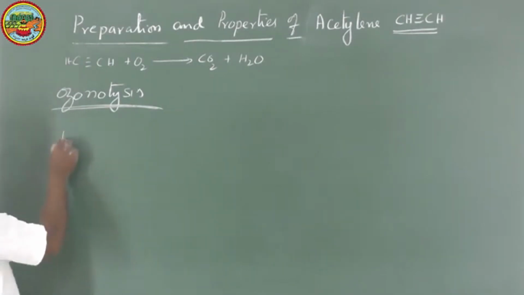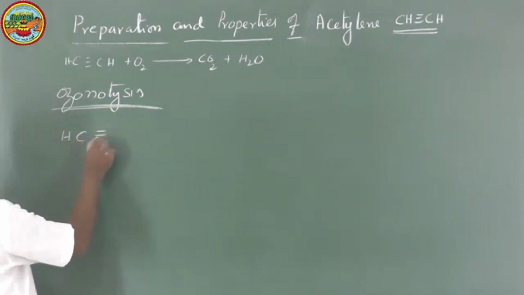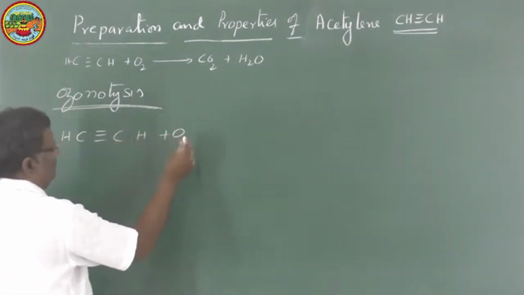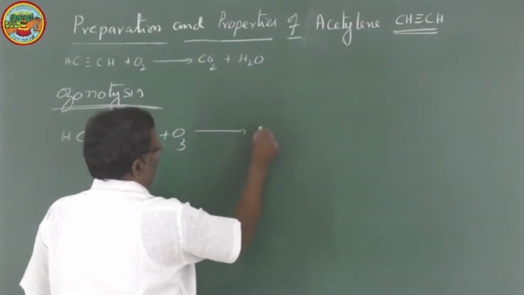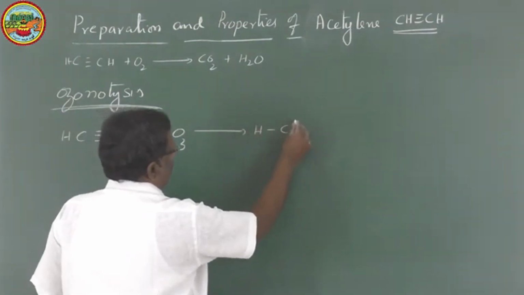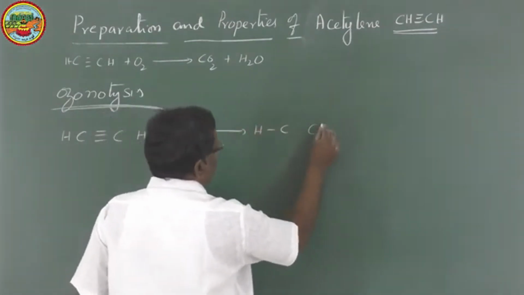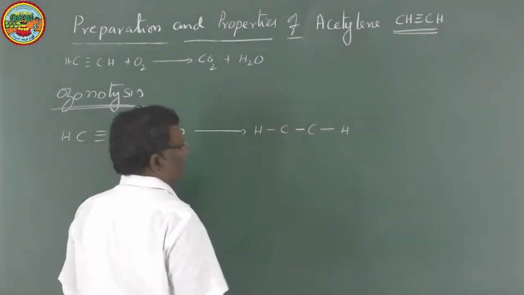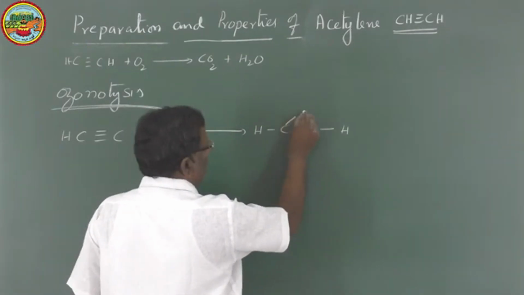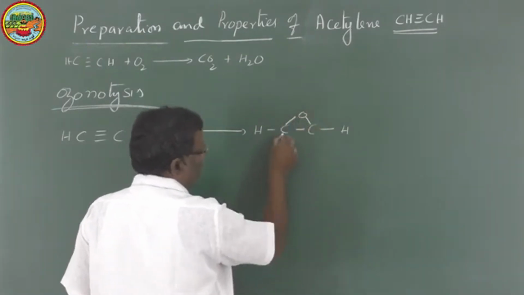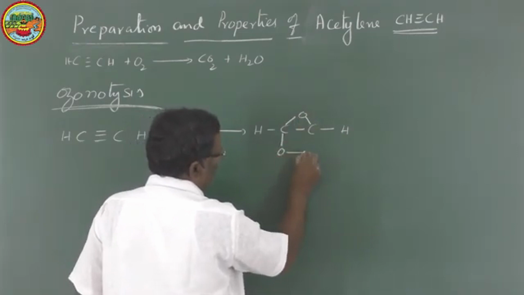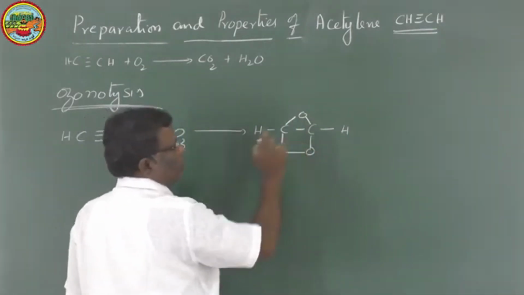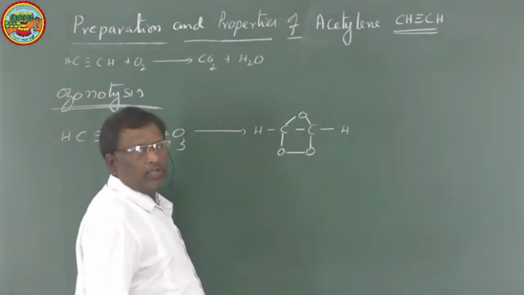Here, when acetylene undergoes the ozonolysis addition reaction, in place of the triple bond, two pi bonds will be broken. In place of one pi bond, one oxygen atom, and in place of another pi bond, another oxygen atom will be added, but the sigma bond between the two carbon atoms will remain.